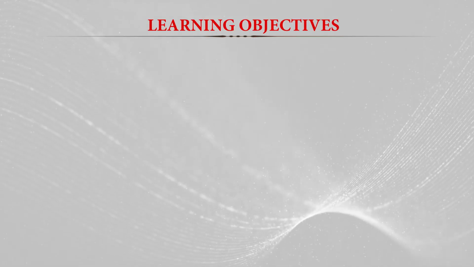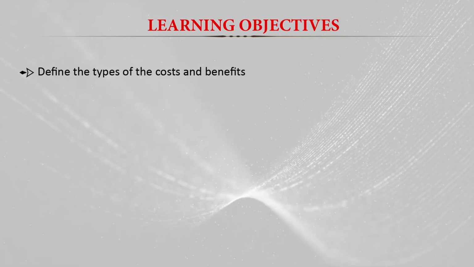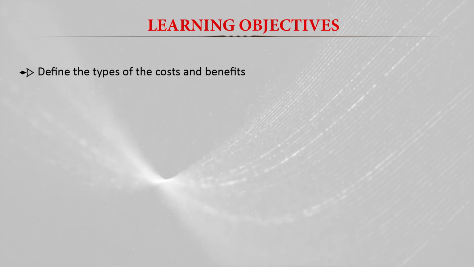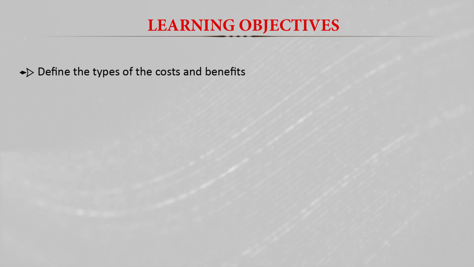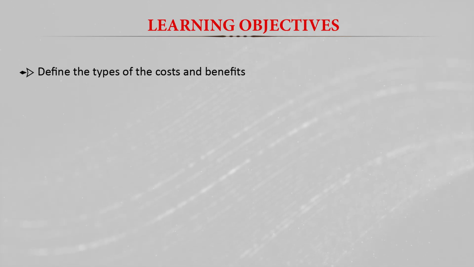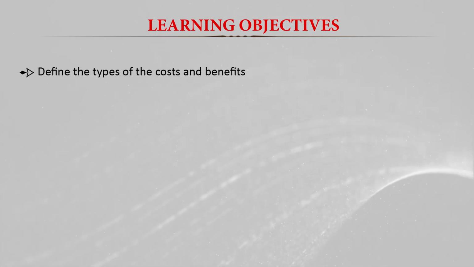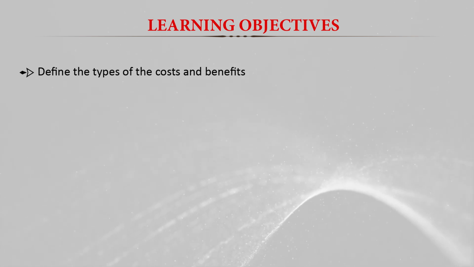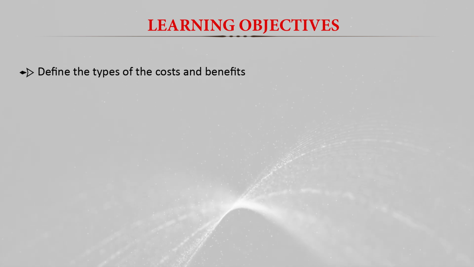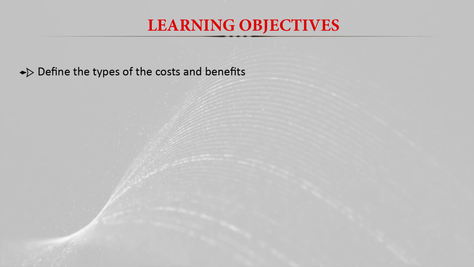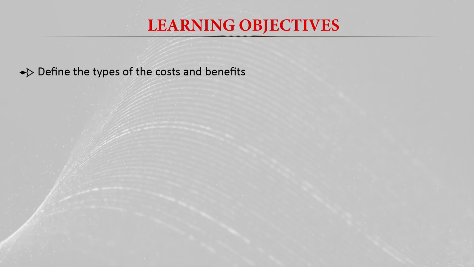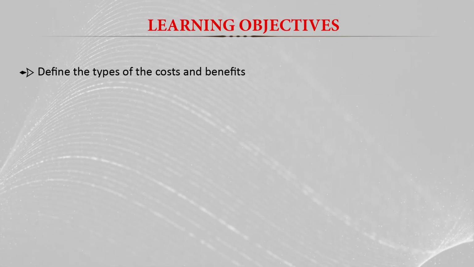So in this session we are going to discuss 3 important things. One is we will be defining the types of cost and benefits. There are different forms. Some of the costs and benefits directly affect the direct beneficiaries, and some cost and benefit items indirectly affect other people who are not part of the project.